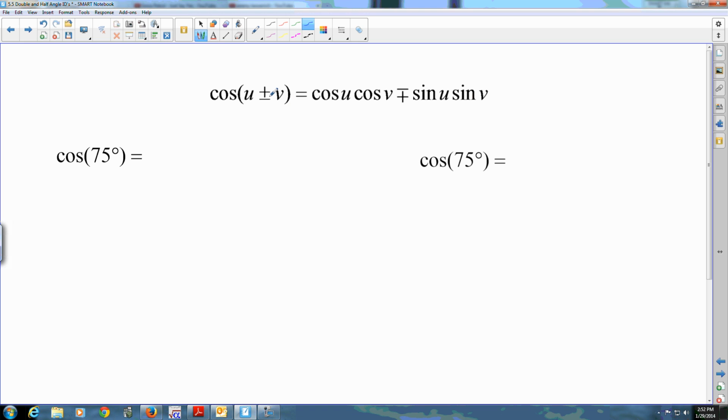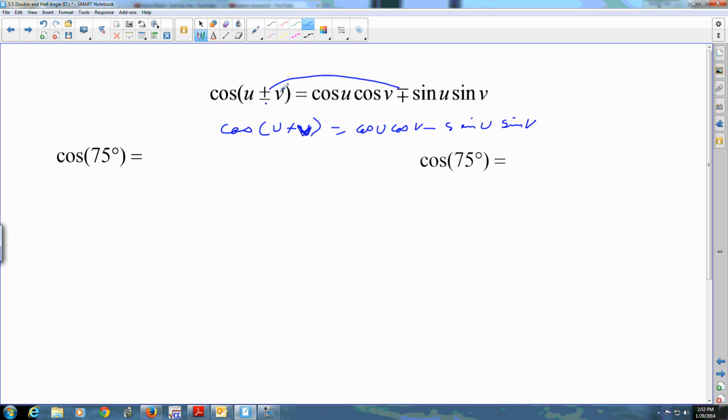All right, the sum and difference formula for cosine, remember the signs are opposite. So if I write it out, just to be a little explicit, that's cosine of u plus v, sorry, my v's and u's tend to look similar, equals cosine u cosine v minus, well, if this is a plus, you do a minus, sine u sine v.